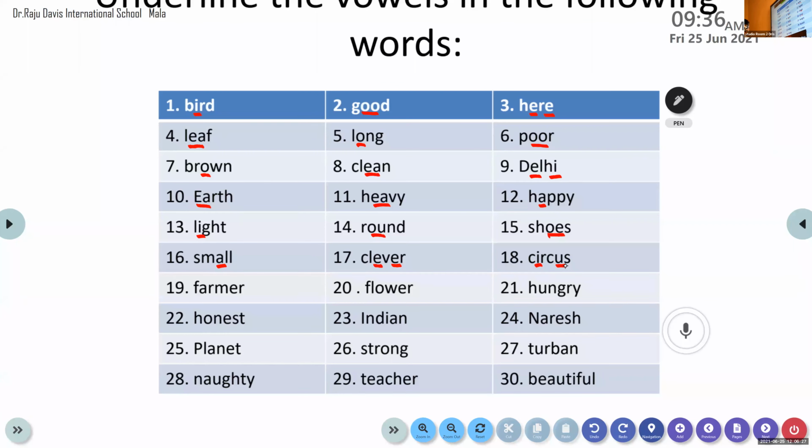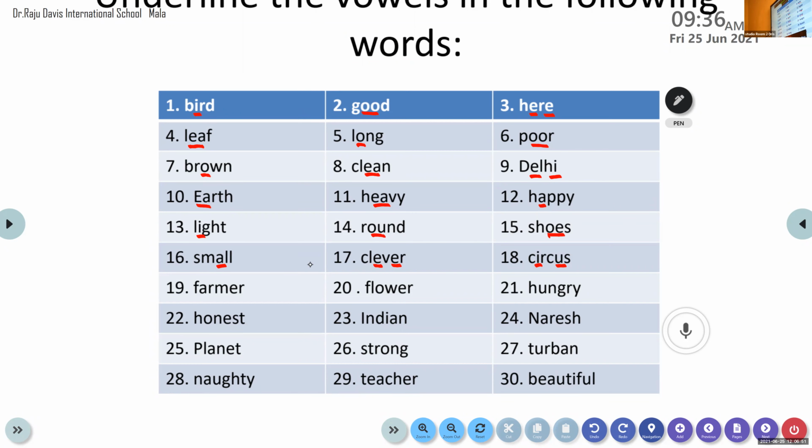Okay. Now let's move on to Elvin Mario. Come on, Elvin. We'll go to the 19th word now. Come on, read the 19th word. F-A-R-M-E-R. Okay, how do you pronounce the word? Farmer.